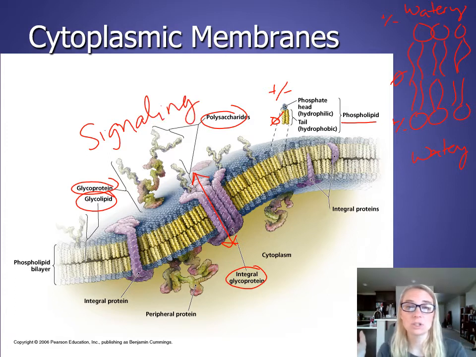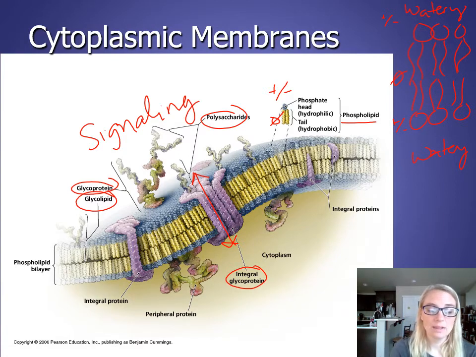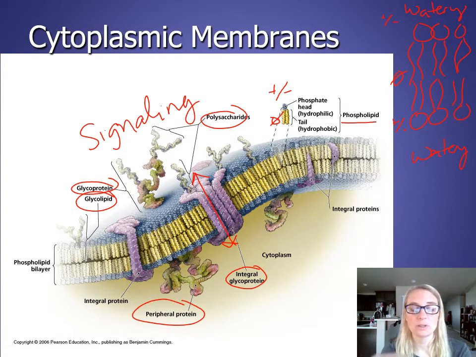If you've heard of antigens before, the glycoproteins could be considered antigens, which are like the recognizing part of a pathogen. And then remember, peripheral proteins are just proteins that are found on the surface of the phospholipid bilayer, not passing all the way through the hydrophobic middle part.